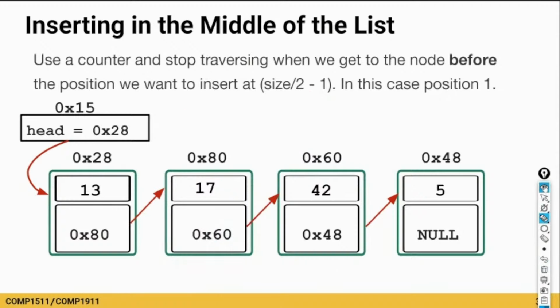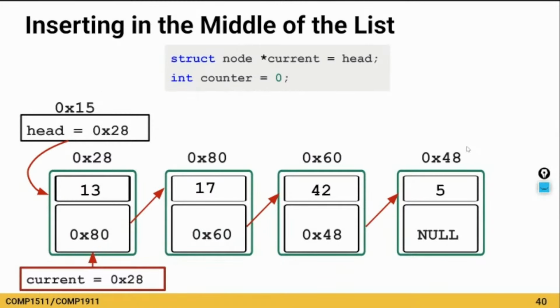So let's just see it on the slide. So again, I've got some kind of pointer called current, usually starting at the head. And again, I'm using this concept of a counter to work out when I'm one before halfway through the list kind of thing.